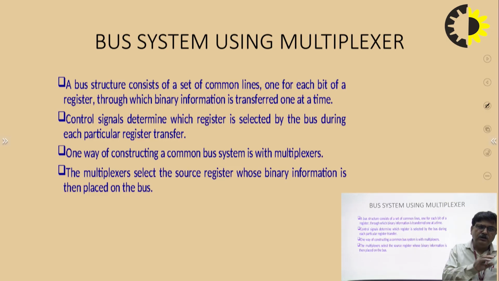Control means the CPU gives the signal for which register should be selected for transferring the data, and also tells the destination register. Then the multiplexer selects the source register. As I told you, we are designing the common bus system using the multiplexer, whose binary information is placed on the bus.